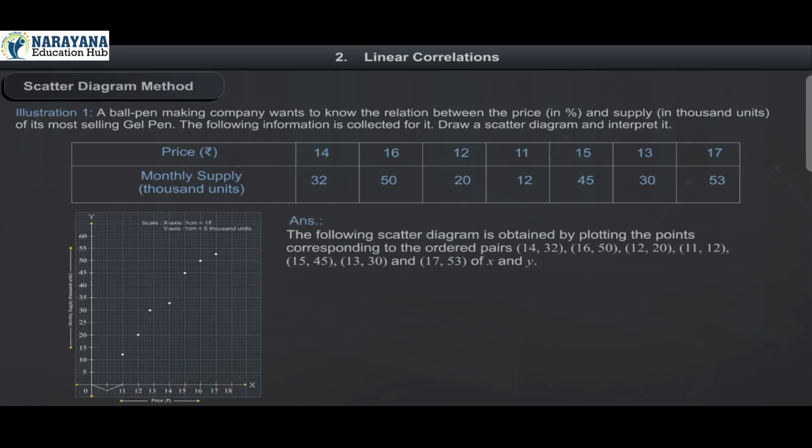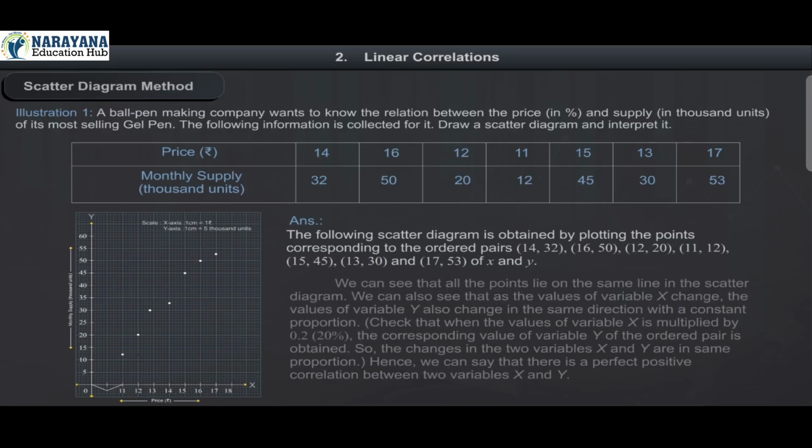Answer. The following scatter diagram is obtained by plotting the points corresponding to the ordered pairs 14, 32, 16, 50, 12, 20, 11, 12, 15, 45, 13, 30 and 17, 53 of x and y.